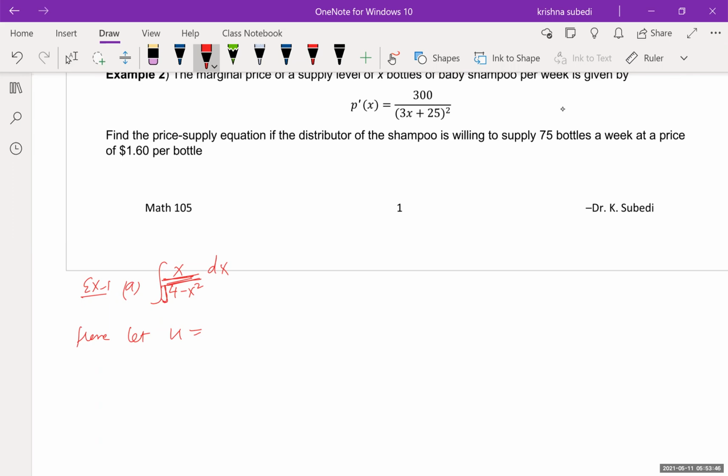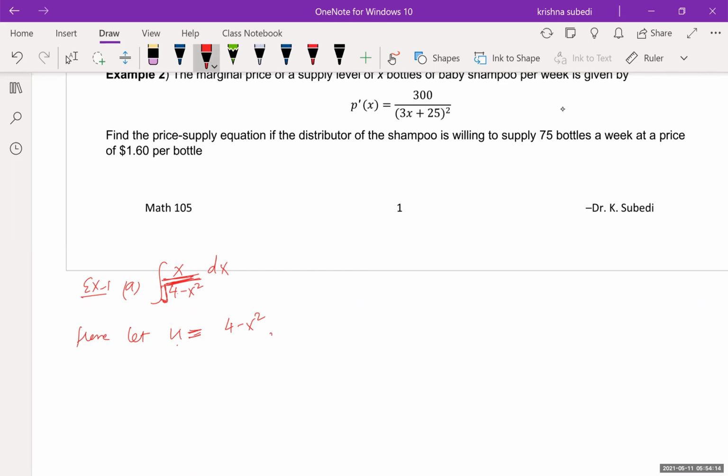But what we can do is manipulate it a little bit by substituting the complicated function, which is 4 minus x squared, by u. If I substitute 4 minus x squared by u, then the bottom part will be simply square root of u, which means u power half. So that's the strategy we'll be using.